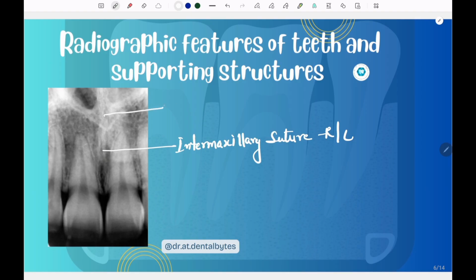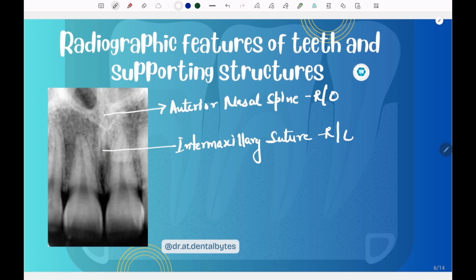This is the anterior nasal spine, which appears radiopaque. It's a V-shaped projection from the floor of the nasal aperture in the midline.